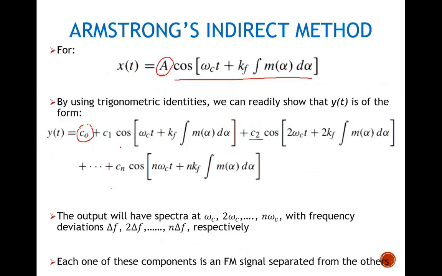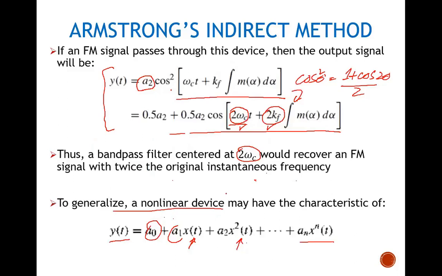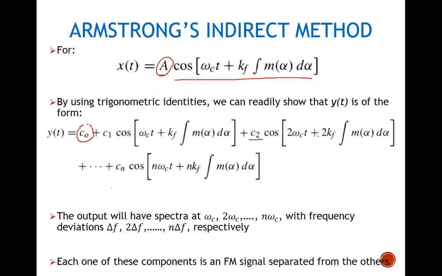This is for the linear x(t). For x squared(t), as before, it becomes 2 omega_c plus 2 k_f times the integral of m(alpha), the integral of the baseband signal, and this continues depending upon the type of nonlinear device we have. It can go up to n omega_c and n times the frequency deviation.